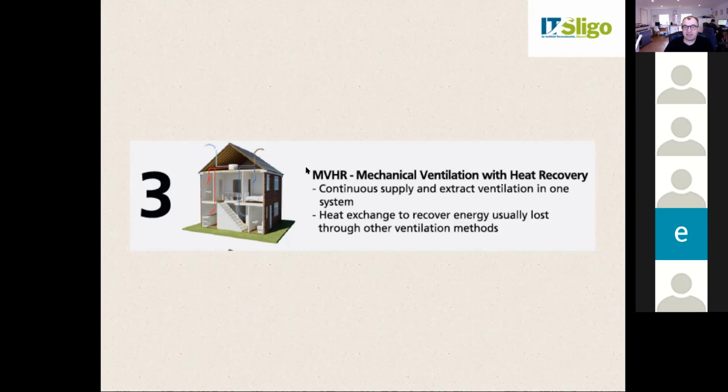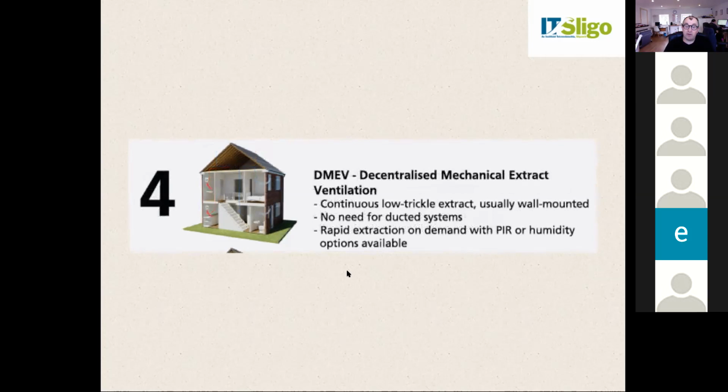You'll see, I've been saying MHVR, this one is MVHR, there's MHR. So generally, you're going to have to work out that different people use different acronyms for the different systems. The fourth one is a decentralized system. That was the second slide that I showed you before, in that you have small units in each room.